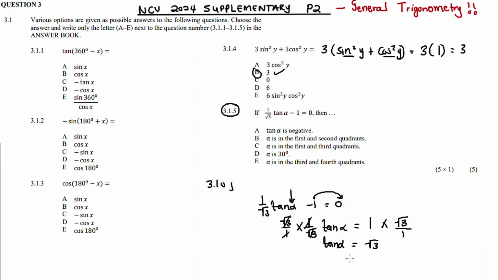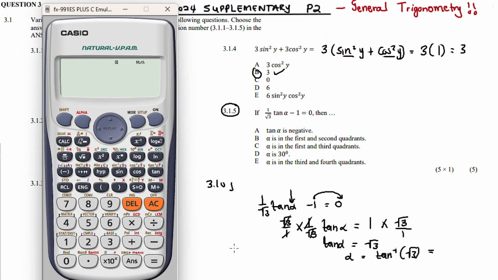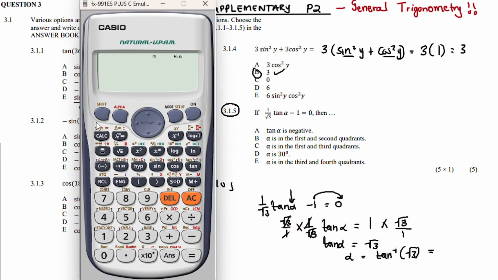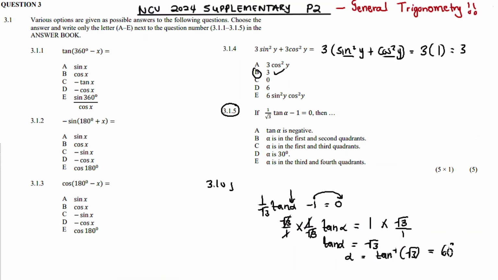Now let's calculate alpha. Alpha is equal to arctan of square root 3. On your calculator, you start off by punching arc tan square root 3 equals, I'm getting 60 degrees. So my alpha is equal to 60 degrees.